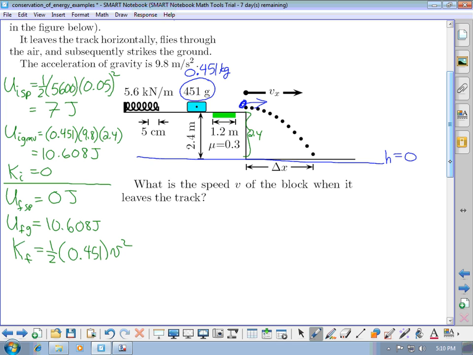If I look at that block sitting on the surface, the block has a weight of 0.451 times 9.8. So its weight is 4.42 newtons. Because the surface is flat, the normal force just equals the weight. So it's 4.42 newtons.